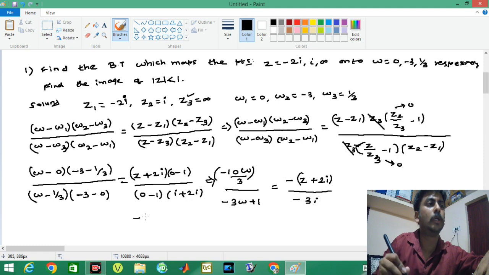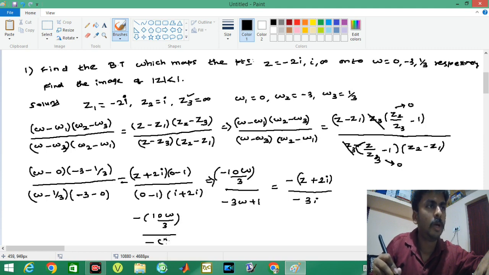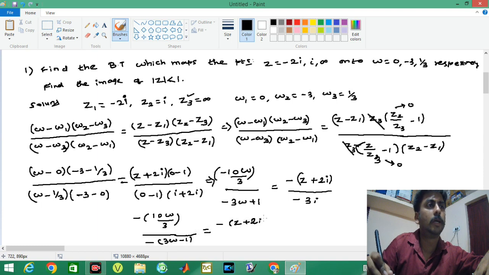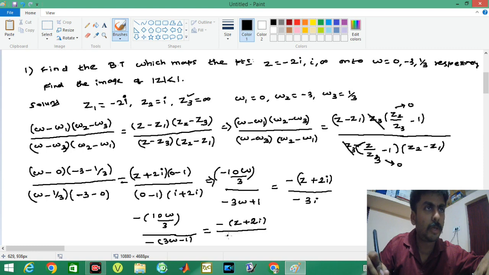So we get minus of 10w by 3 divided by minus of 3w minus 1 equal to minus of z plus 2i divided by minus of 3i.